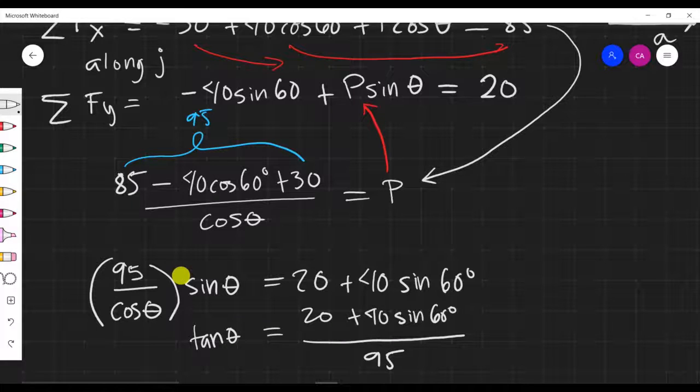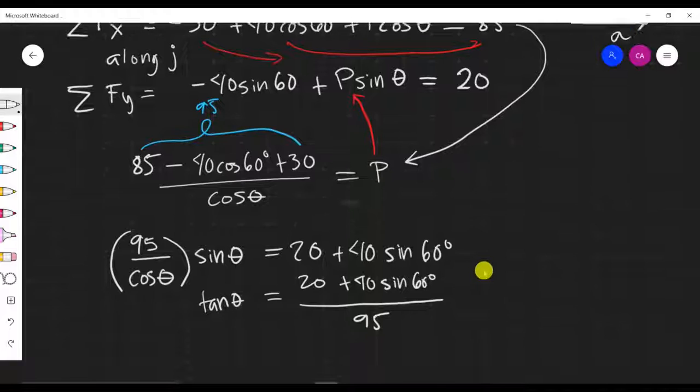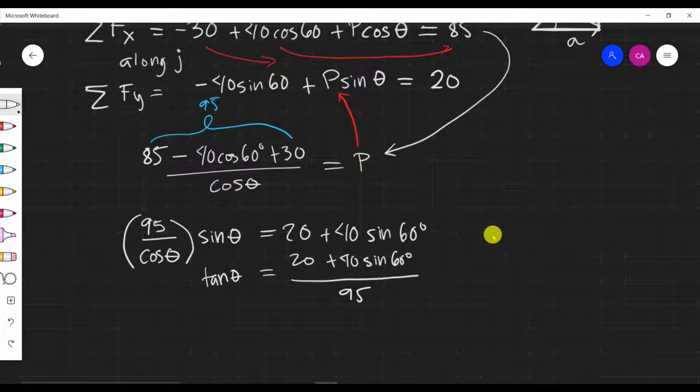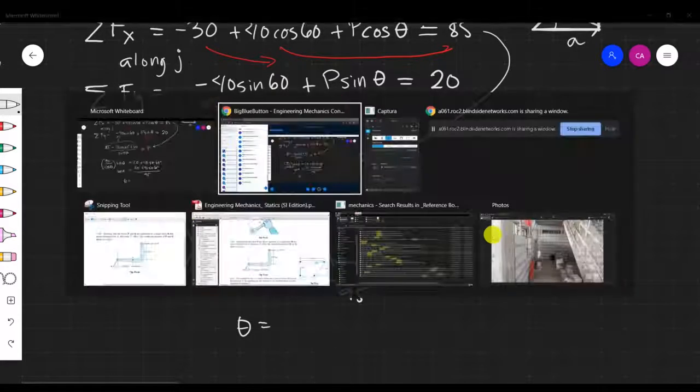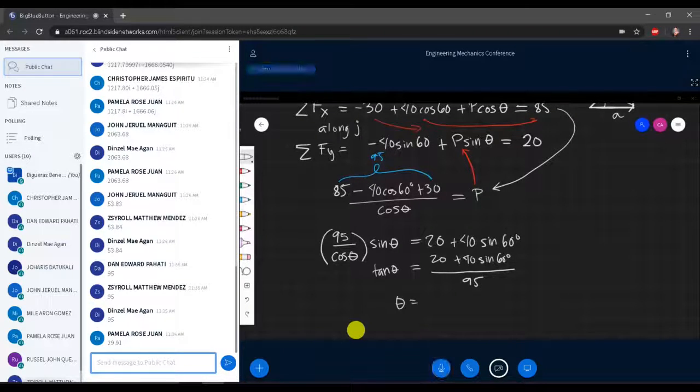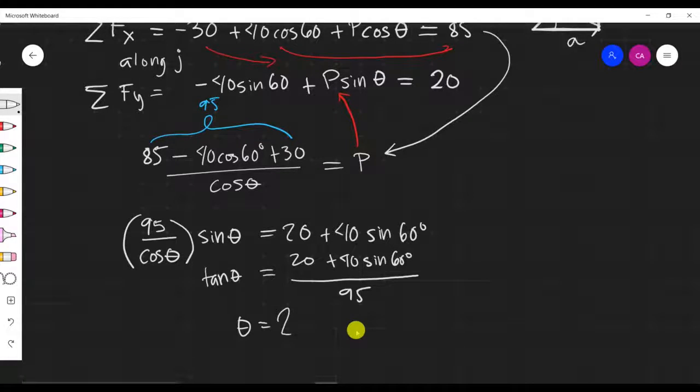So theta is equals to arctangent. Okay? Arctangent lang yan. 29.91. Okay, so 29.91 degrees.